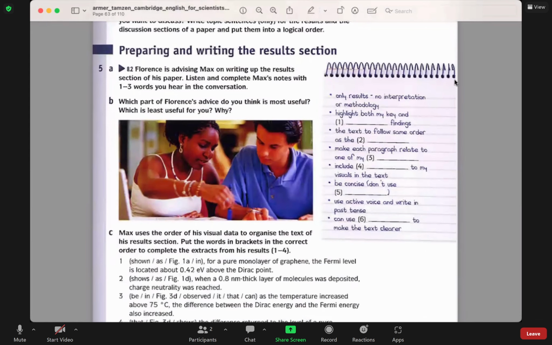Here are some notes of this conversation, and in these notes we've got some missing words. So look through these notes, and while you're listening, you can find out what these missing words are.